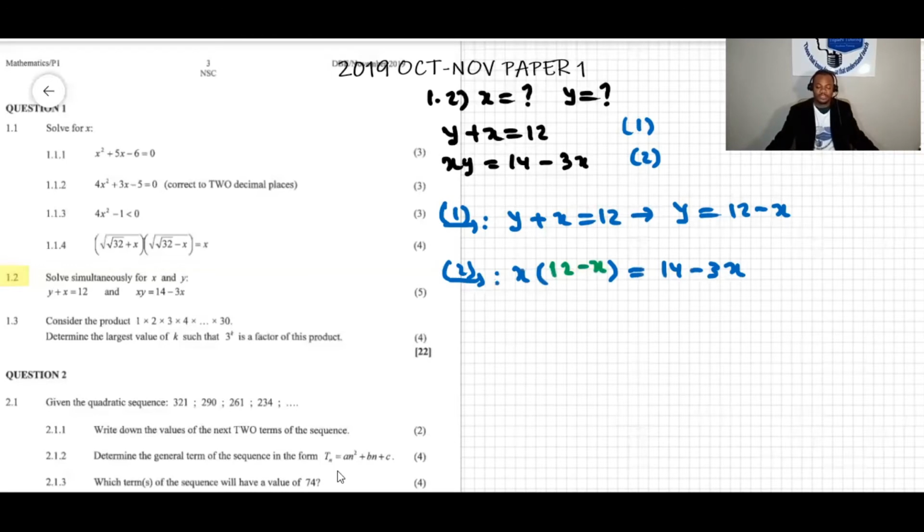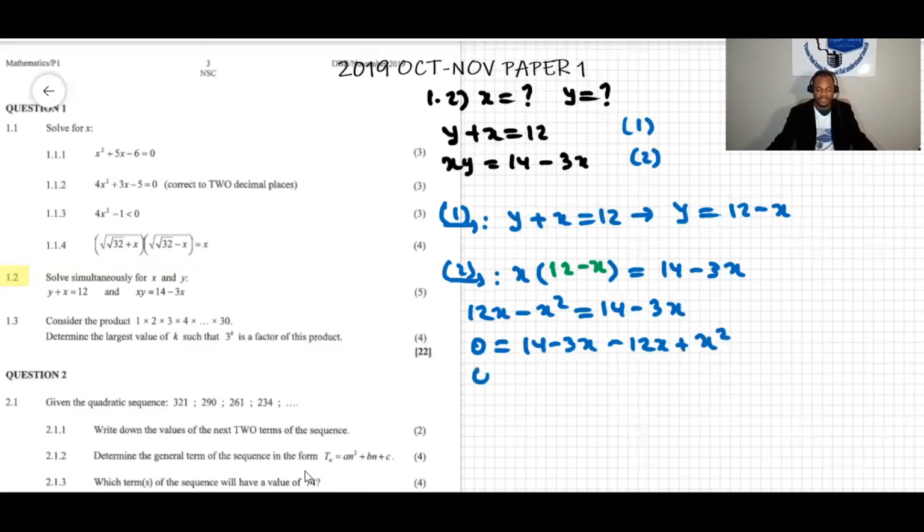Okay, if we expand this, that means 12x minus x squared equal to 14 minus 3x. Okay, let's take whatever is on the left to the right. This will be 0 equal to 14 minus 3x minus 12x plus x squared.